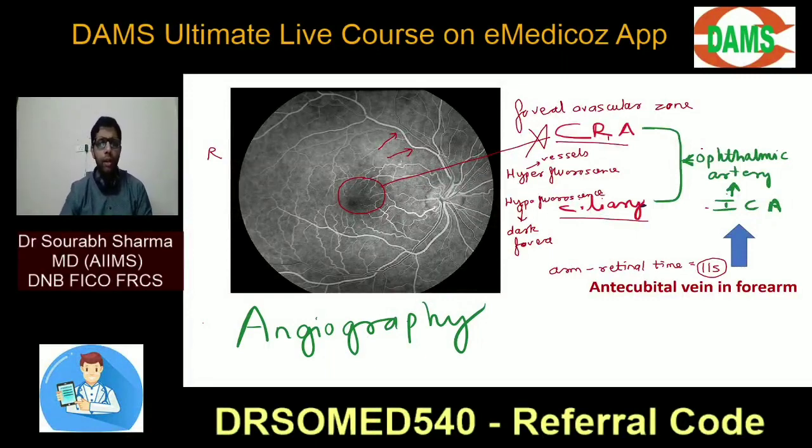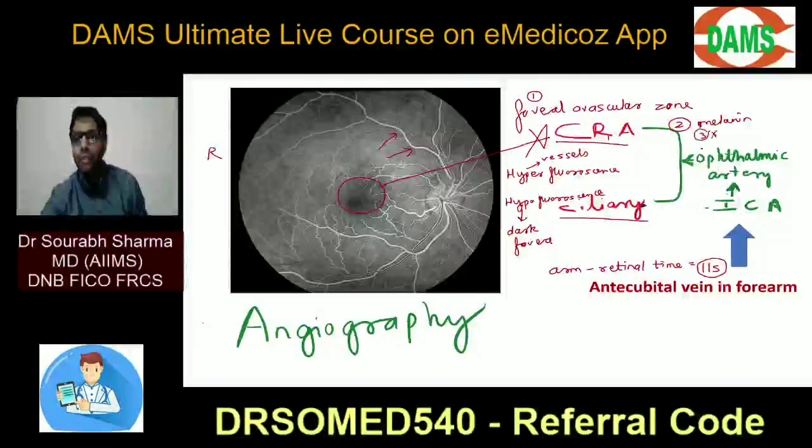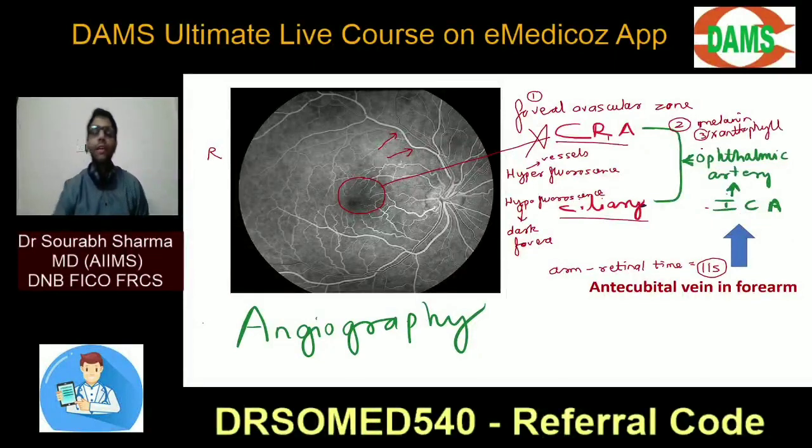Sir, but choroid, everywhere we can see dye. Why can't we see dye behind the fovea? Very good question. Yes, there is dye behind the fovea also. There is choroid, there is dye, but we can't see. Why? Because I told you na, very highly pigmented melanin and xanthophylls are present at the fovea, foveola.